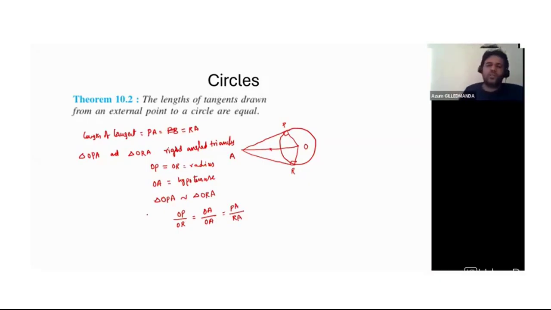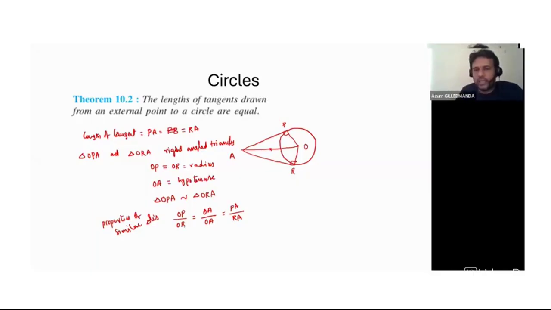As per the properties of similar triangles, the ratio of the respective sides, hypotenuse by hypotenuse, opposite side by opposite side, and adjacent side by adjacent side, these three ratios are equal. That's the property of a similar triangle.